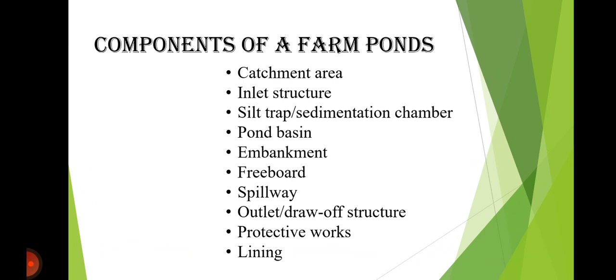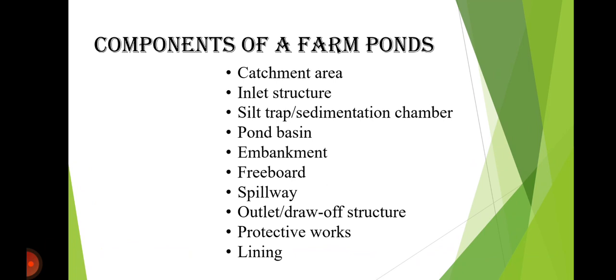The next is the outlet structure. If there is an inlet structure, then there is also an outlet structure, also named the draw off structure. The outlet is used to withdraw stored water from the pond. Its function is to supply water for irrigation and other uses.